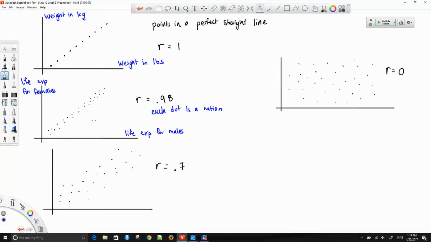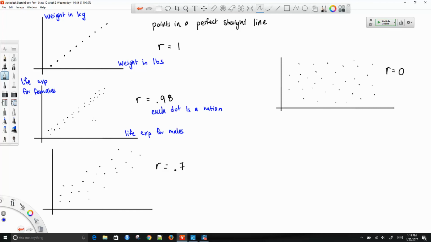Let's say country A has life expectancy 74 for males and the life expectancy for females may be 77. If you look at another country where the life expectancy for males is 74, that other country might have something very similar. Maybe the life expectancy for females is 78.